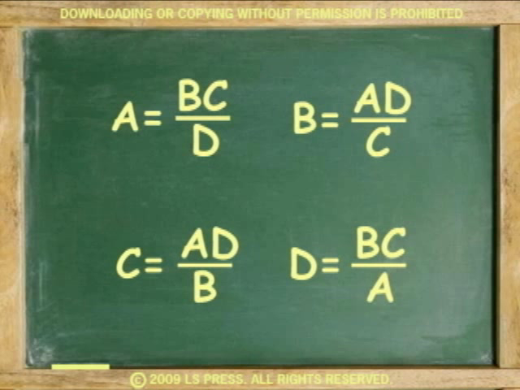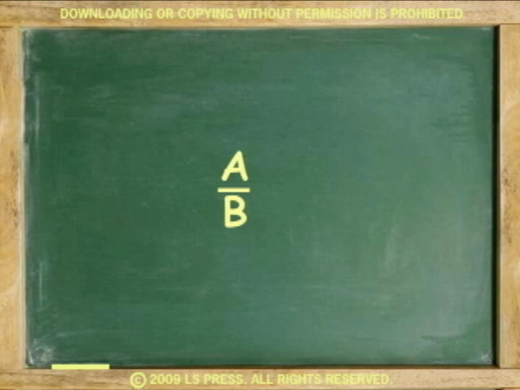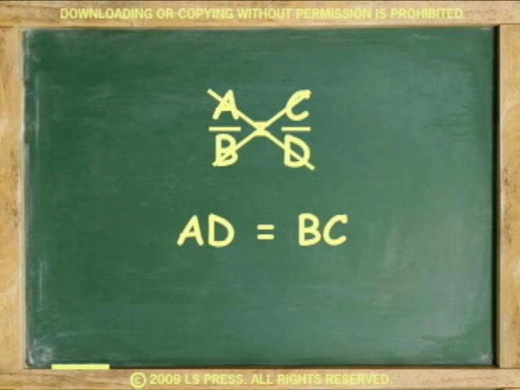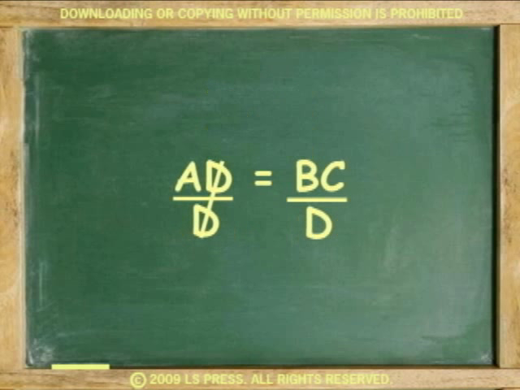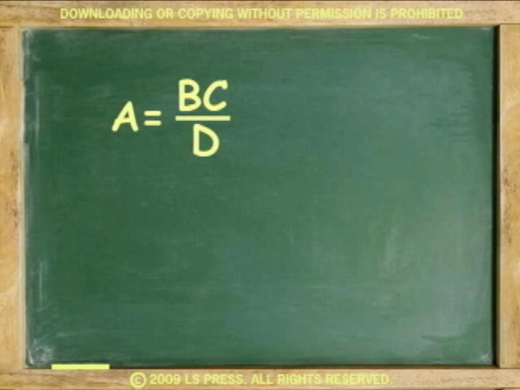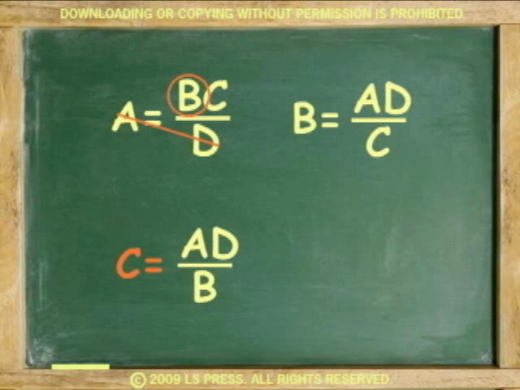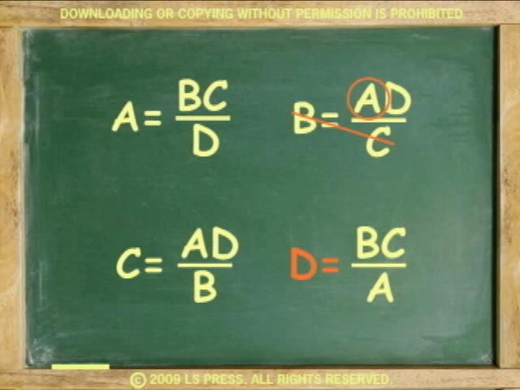Any of these four combinations are solved using cross multiplication first and then division, so that A over B equals C over D, and multiplying across AD equals BC, and dividing by D, A equals BC over D. Therefore, solving for each unknown, B must be equal to AD divided by C, and C must equal AD divided by B, and D must be equal to BC divided by A.